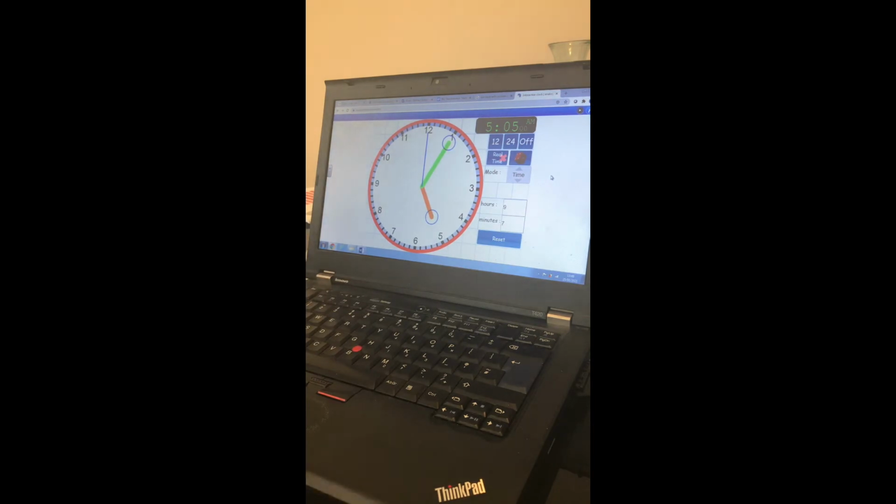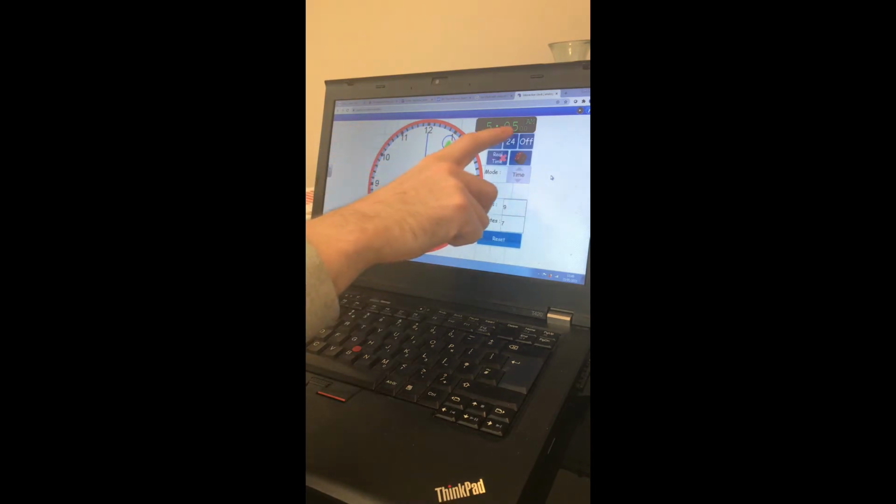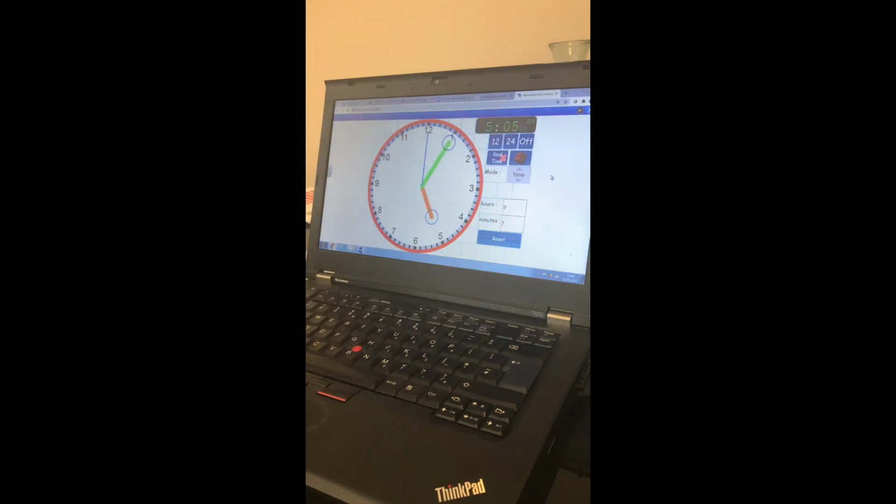Now this helps us because this lets us see on our clock face how many minutes have gone by. So let's say we were to move our green hand up to the 3 here. If this was 5, the next one would be 10, and that means our third one here at 3 would be 15, because we're counting up in 5s here.